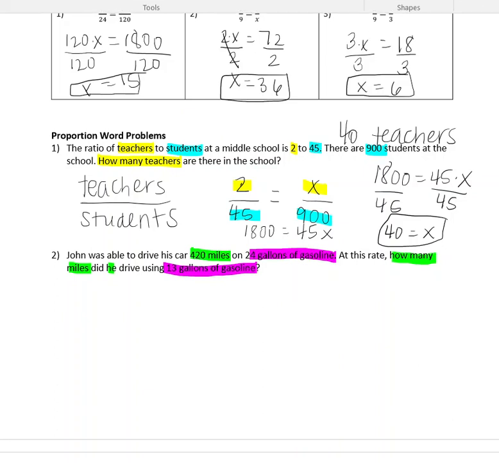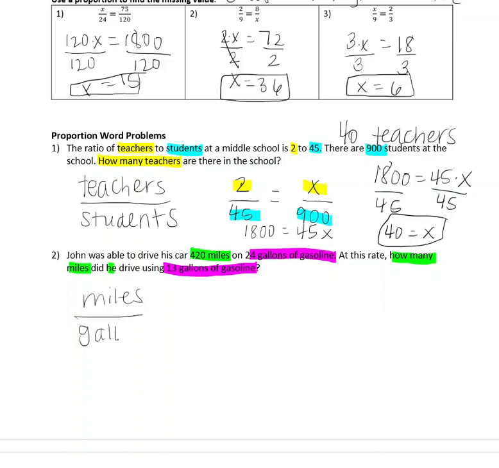So we can do miles over gallons, and if we do that, then we can set up our two fractions. So 420 miles can go on top, and that was paired with 24 gallons. The other fraction we know is how many miles to 13 gallons, so that miles goes on top, that's our x, and 13 goes on the bottom for our gallons.